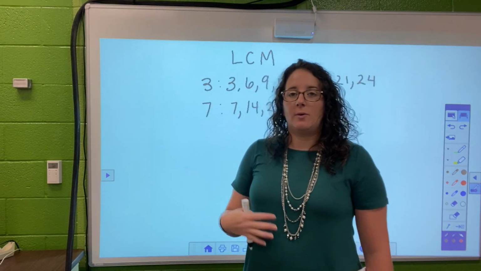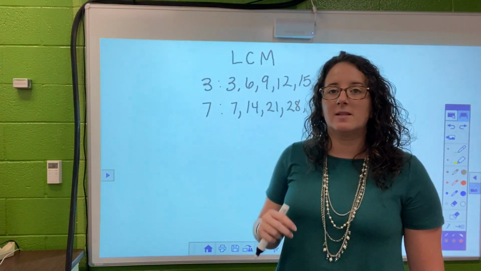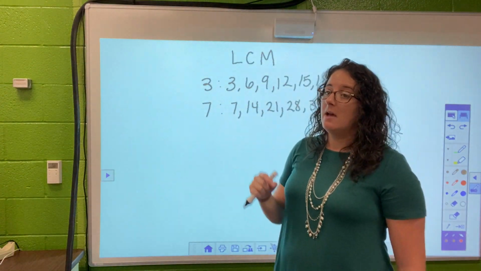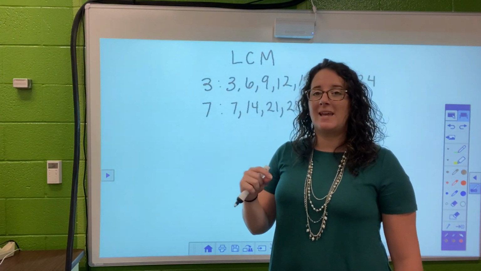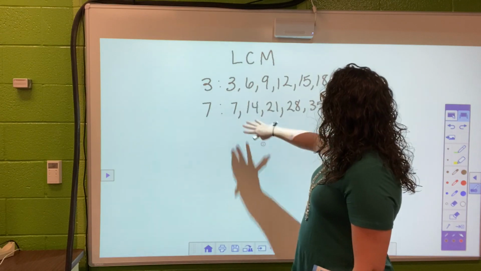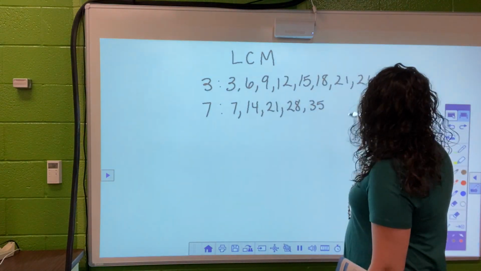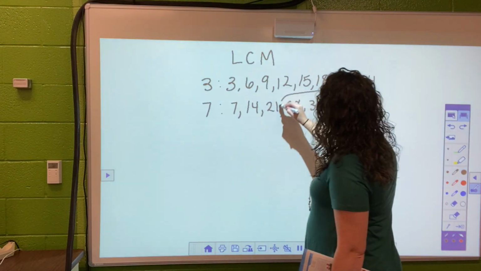Now what you're going to do is look at your multiples and find the ones that they have in common. Then from that, you're going to pick the one that is the least, the smallest number that they have in common. Now for 3 and 7, there's only one multiple that they have in common, and that is 21.